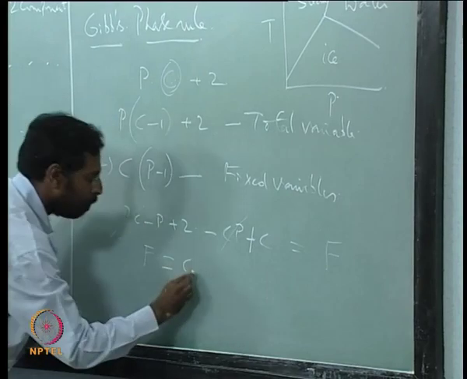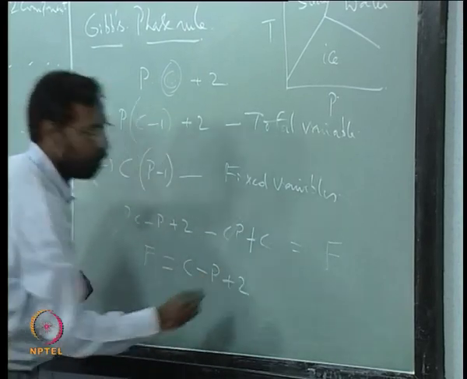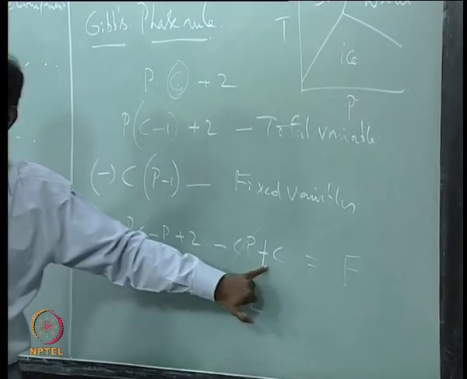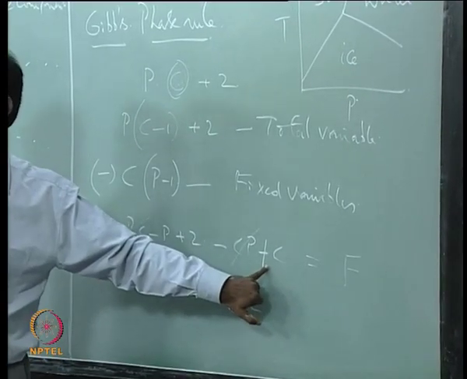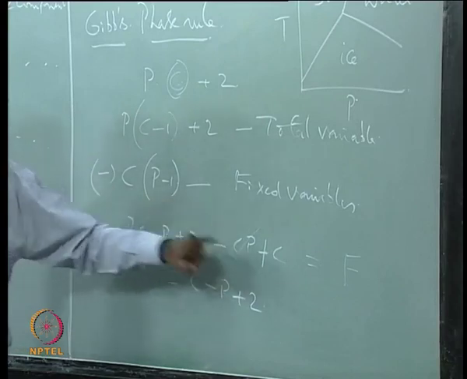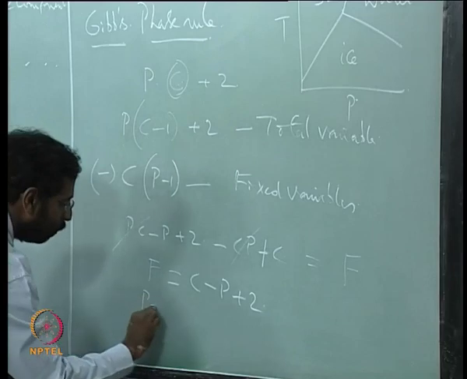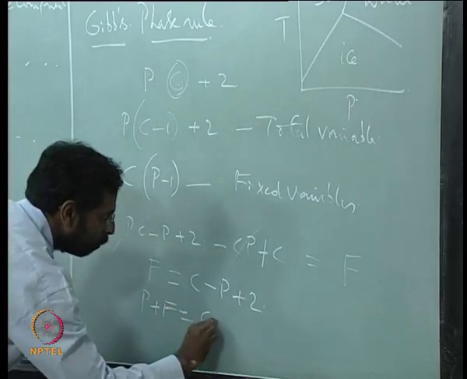So C minus P plus 2. Am I right? There is a minus here, so this is actually plus C, this is minus C into minus 1 plus C. So F equals C minus P plus 2, or we also usually define it as P plus F equal to C plus 2.